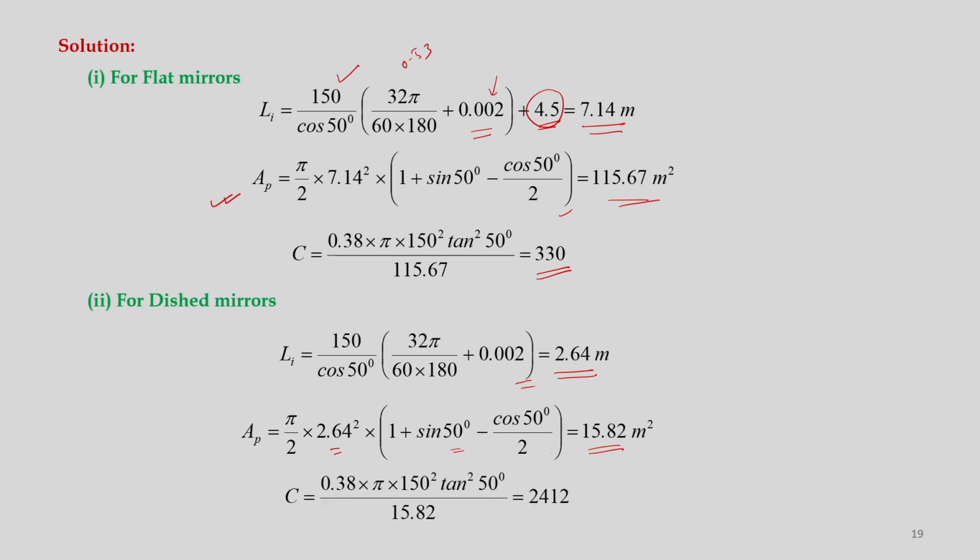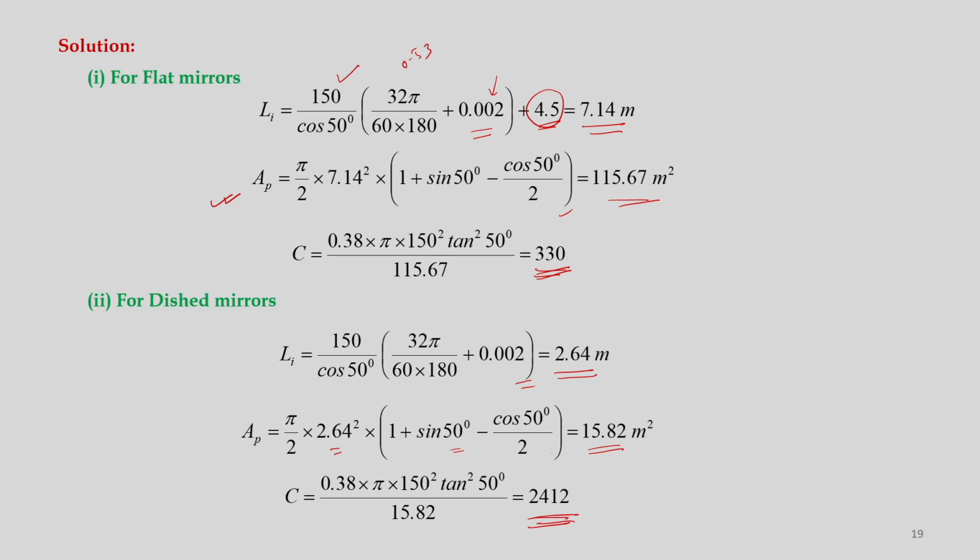Okay. Now, next we will calculate the concentration ratio. This concentration ratio is found to be 2412. See the difference in concentration ratio. In the flat mirrors, it was 330, and in case of disc mirrors it is 2412. You can see how much concentration we can increase. Okay. So, we can generate intense heat by using this disc mirror system.